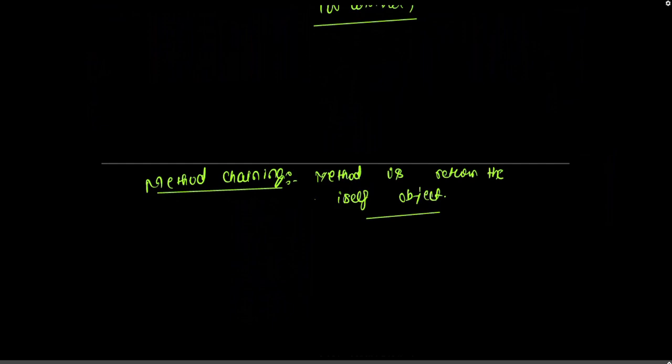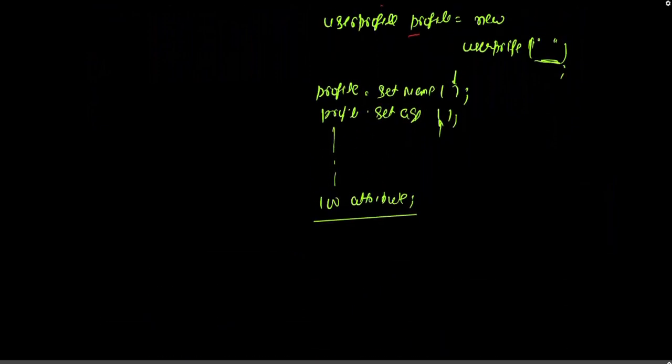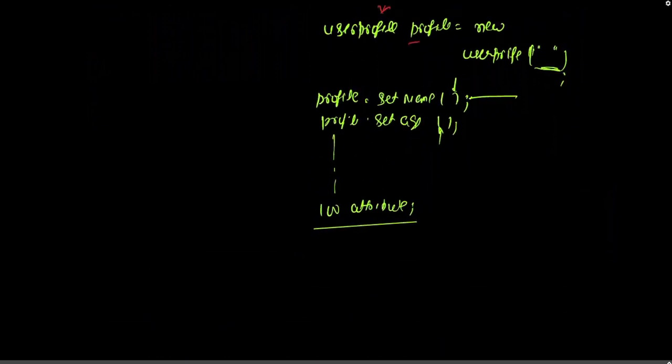Method is returning the itself object means, here we are setting one value, because every setter method has a void return type, right? That's why we are writing one by one to set each method.